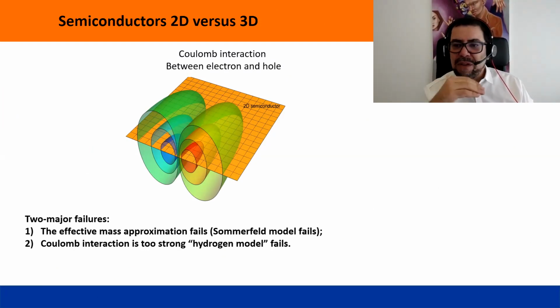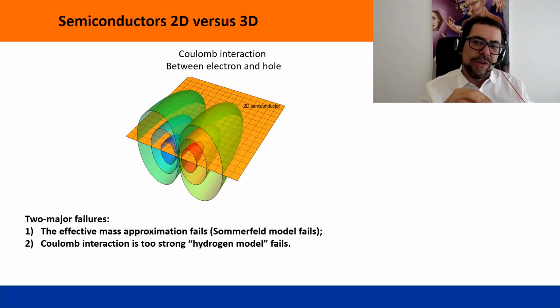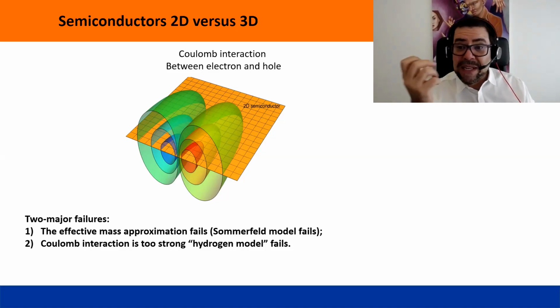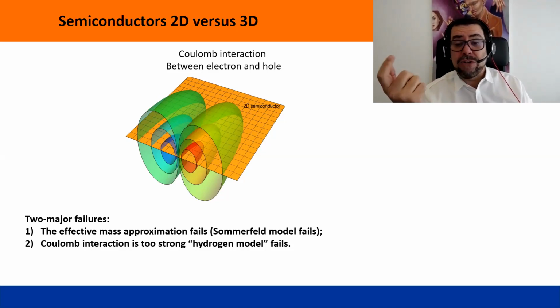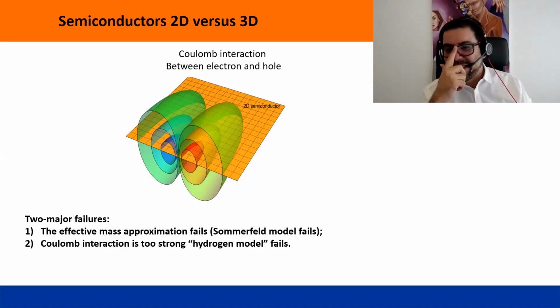First, the effective mass approximation fails, which means that the interactions are so strong that they actually involve states which are far away from the edges of the bands, which means that the Sommerfeld model fails. Another thing is that the hydrogen model itself fails. So the hydrogen model is not enough anymore to explain the behavior of these excitons in 2D semiconductors.